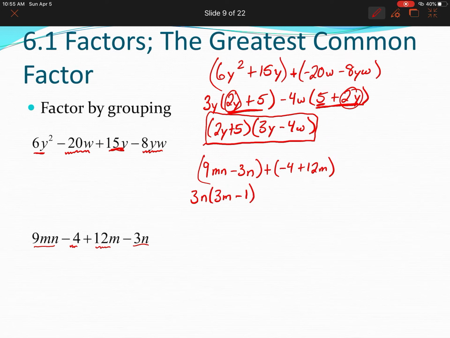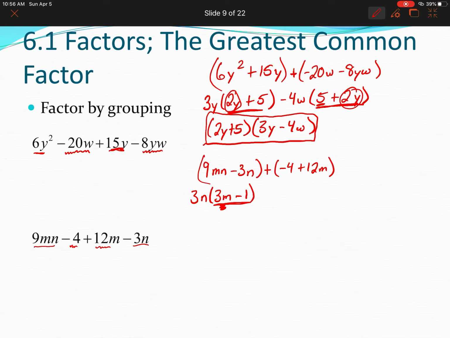And then the other set, we need to take out the common factor, which obviously 4 goes into 4 and 12, but the question is, is it positive or negative? And I know some of you are thinking, well, I need to take out a negative because that first number is negative, but actually that's not the case. Because if you look at this set, the 3m minus 1, we need that m term to be a positive.